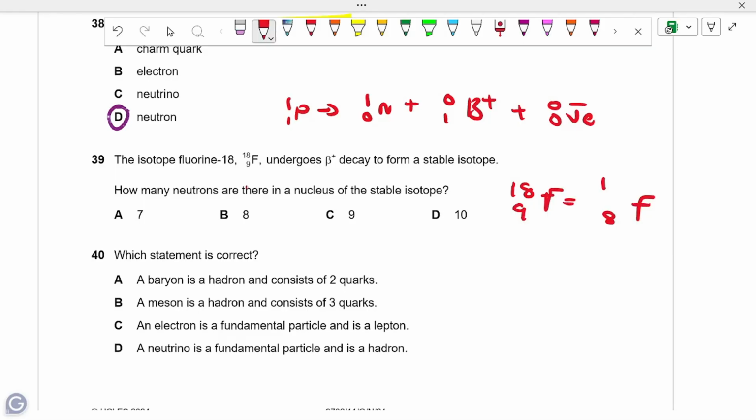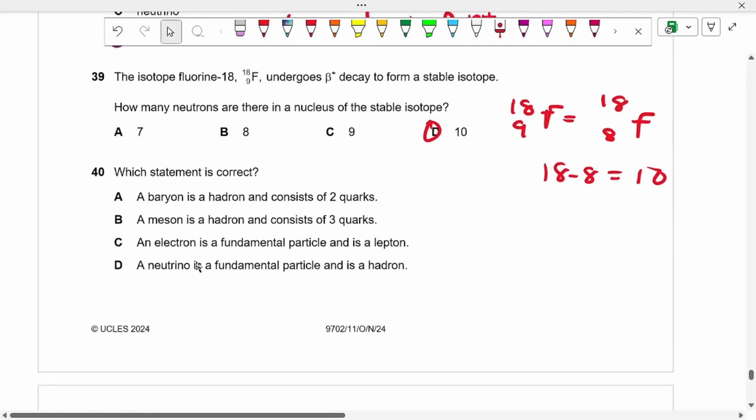Because I've lost a proton and gained a neutron, the 18, which is neutrons plus protons, just remains the same, but the meaning itself has changed. So now I have 18 and 8 protons. 18 minus 8 is going to give me 10. So the neutrons are going to be 10, right?